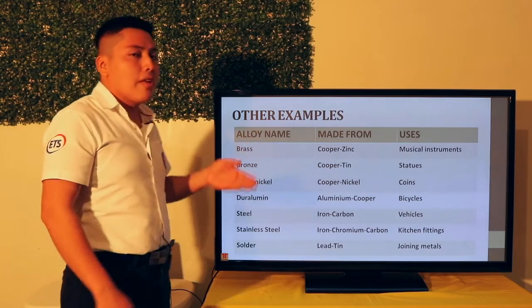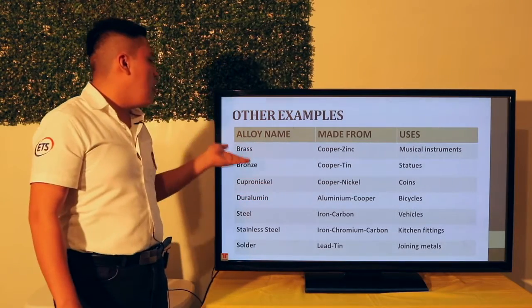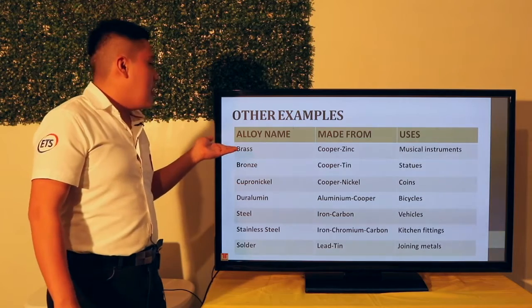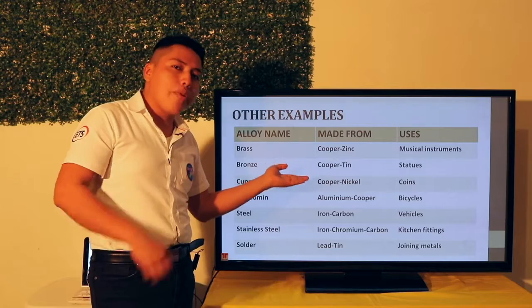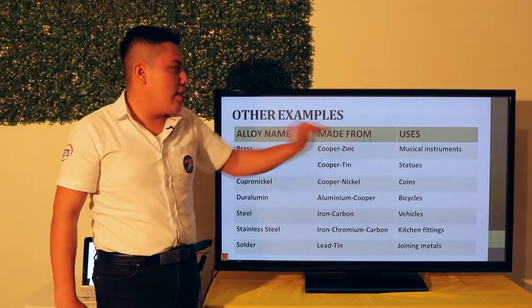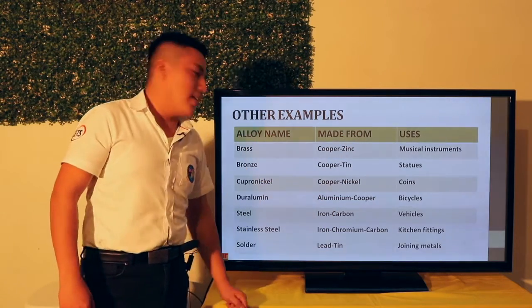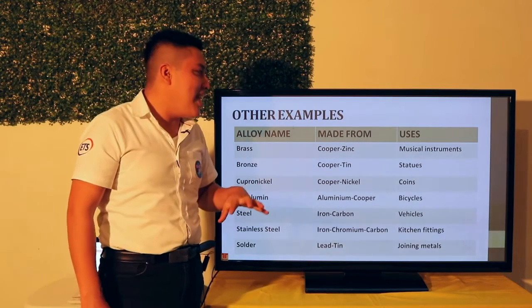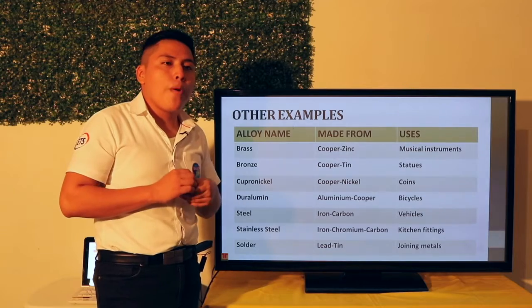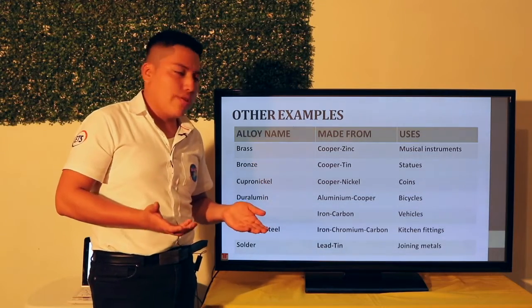Now let's see other examples of alloys. The alloy names: we have brass. Brass is a combination of copper and zinc, used for musical instruments. Bronze is made from copper and tin and is used for making statues.